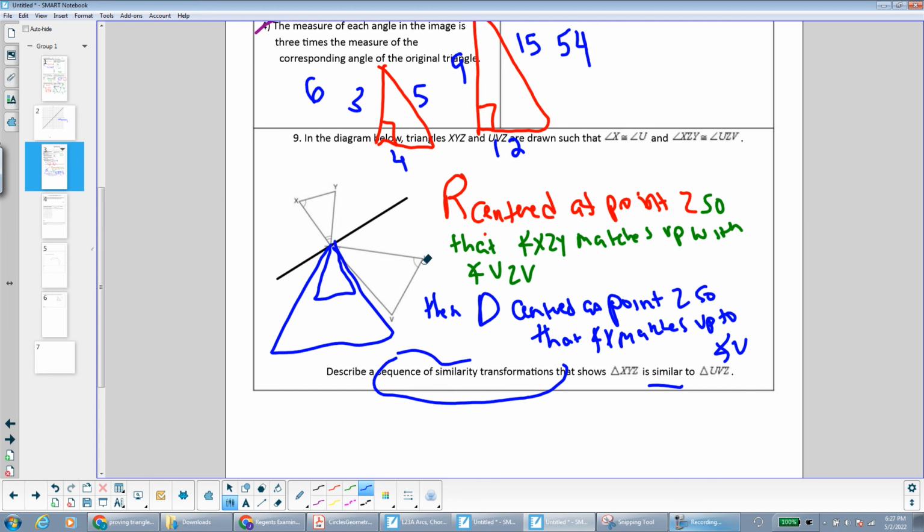So some people did describe a reflection in a way that would make it match up. But if you just said reflect over point Z or line Z and then dilate, that wouldn't work because you wouldn't end up with it exactly overlapping. So be careful with that. The best option here is a rotation followed by a dilation. I think that's the most direct way here.